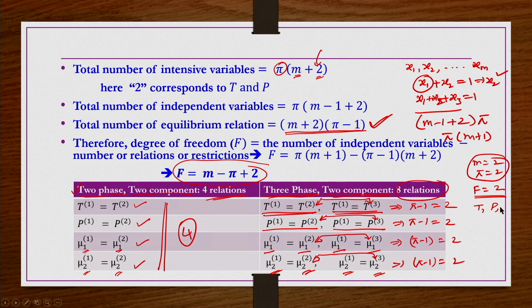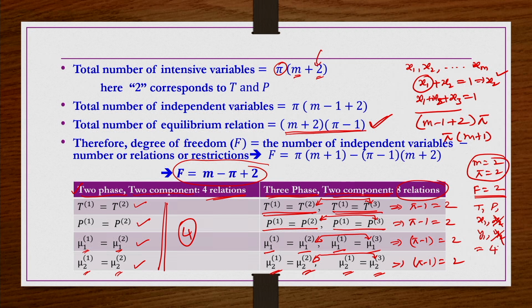Temperature, pressure, let us say these phases are vapor and liquid phases, then x1, x2 and y1, y2 are there, but since there are only 2 components, if x1 is known, x2 is already known. So, this is not an independent variable. Similarly, if y1 or y2 is known, the other one will obviously be known. So, out of these 2, only one is the independent variable.